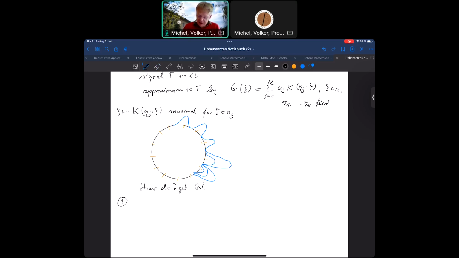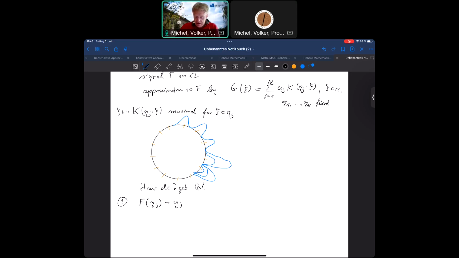One way is to say, okay, for example, if you have data of your unknown function on your signal, like f of eta j is y sub j, so you have some values at some points on the sphere. What I usually tell my students here is, let's assume it's the temperature measured at all weather stations of the world this morning at 8 o'clock Greenwich time. So something like that.